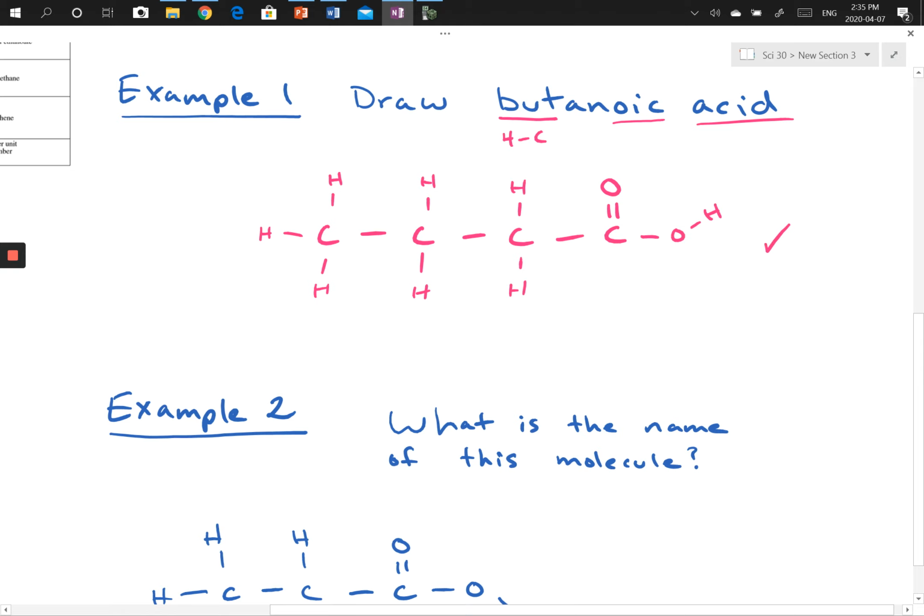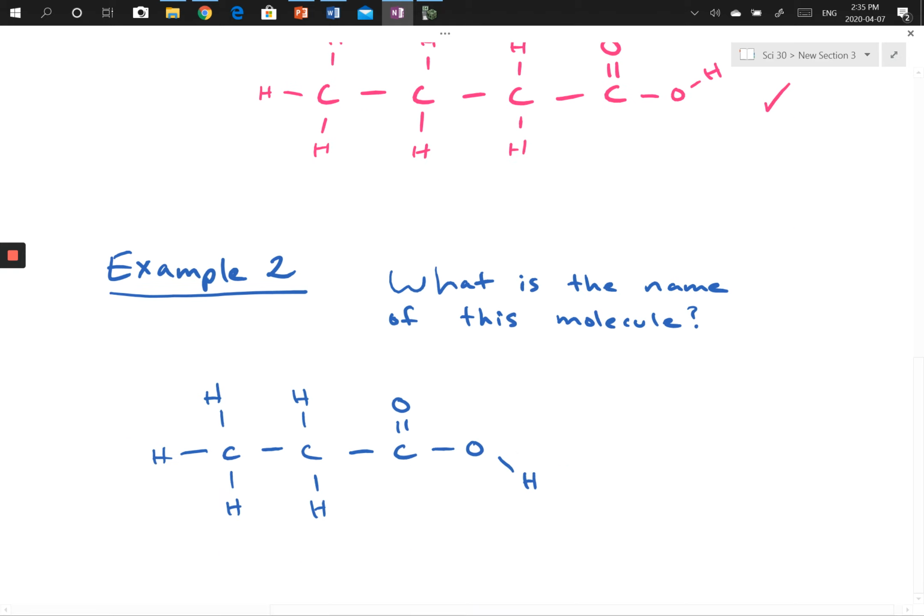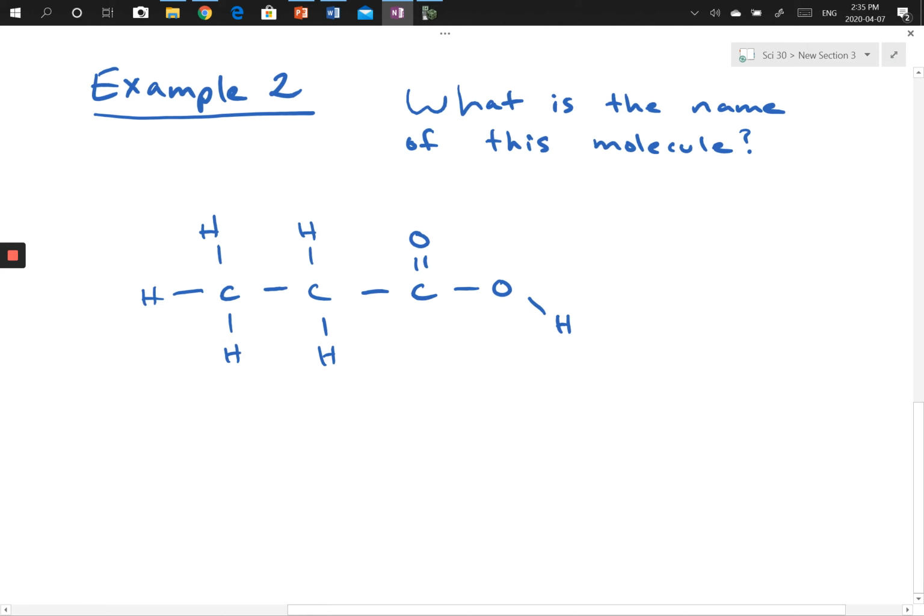Now, if we want to go the other way, I'll show you a molecule, and you have to tell me the name of the molecule. The first thing you have to do is look at the parent chain. How many carbons are there in the parent chain of this molecule? In this case, we have one here, one here, one here. We have 3. I know my prefix for that is prop.